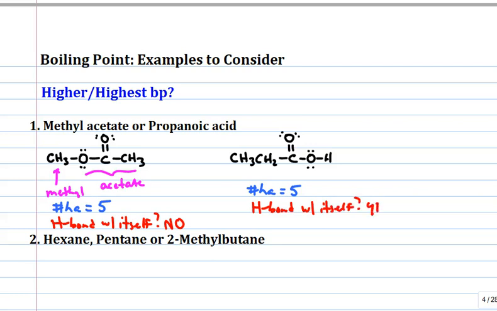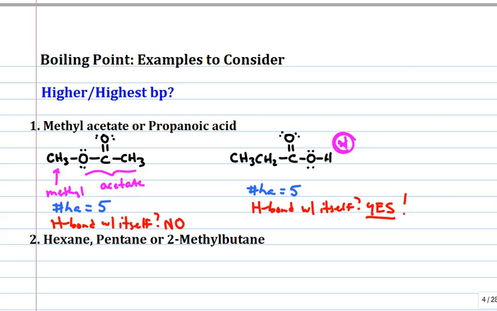I say yes. There is a donor and there are 4 acceptors. So this molecule can, if there's 2 copies of it, form hydrogen bonds with itself. Clearly, the winner of the boiling point competition between these 2 molecules is propionic acid.